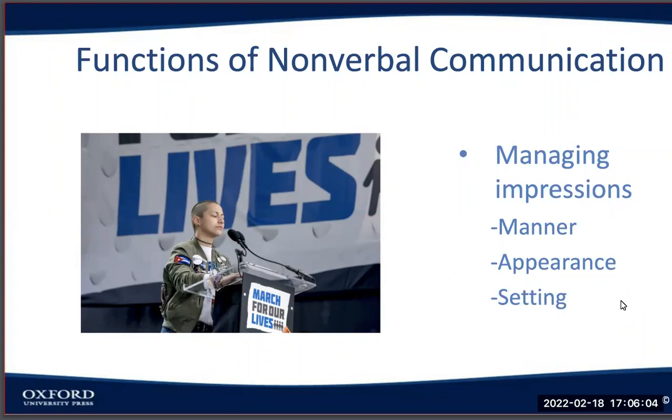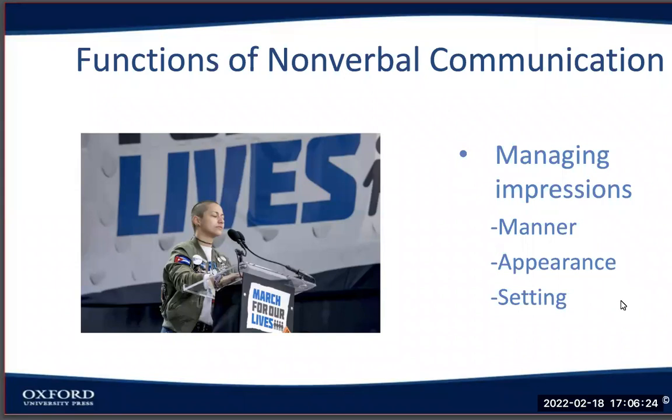Instead of projecting your image verbally, like, hey, I'm attractive, I'm friendly, you might behave in ways that will present this identity. For example, you might dress in a fashionable way, or you might dress nice, or in a way that you think is going to get their attention.